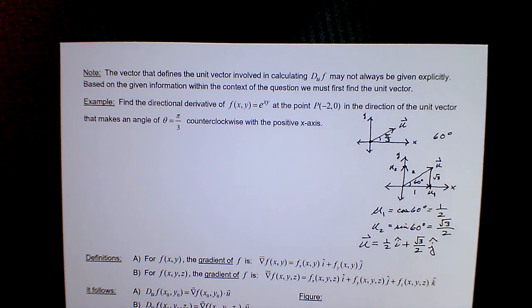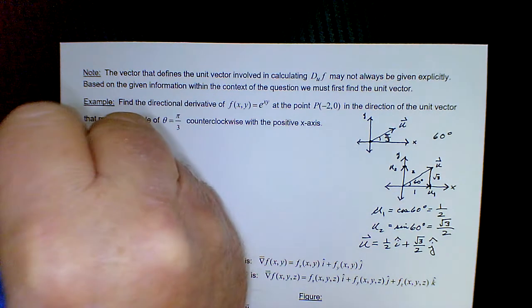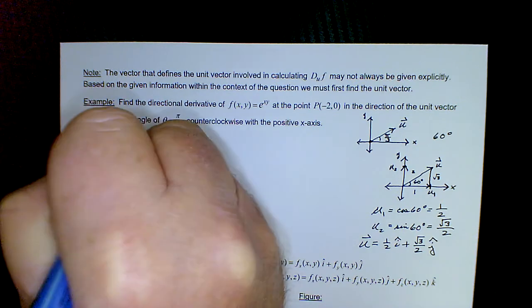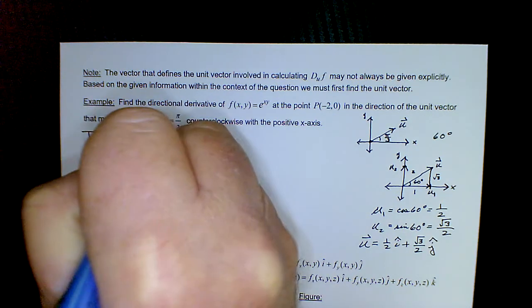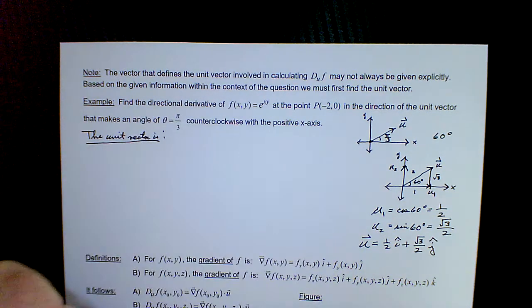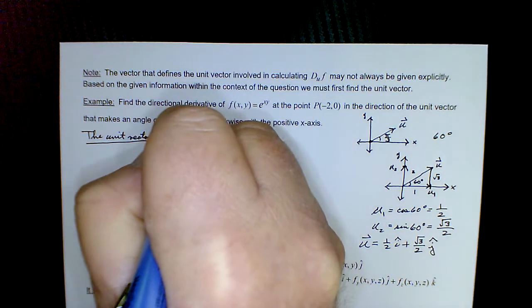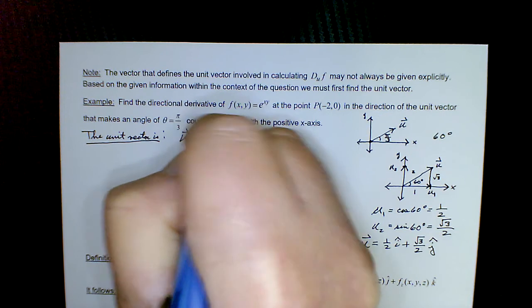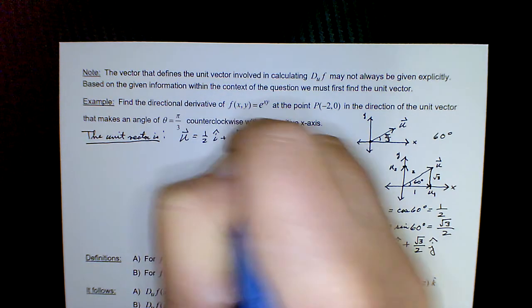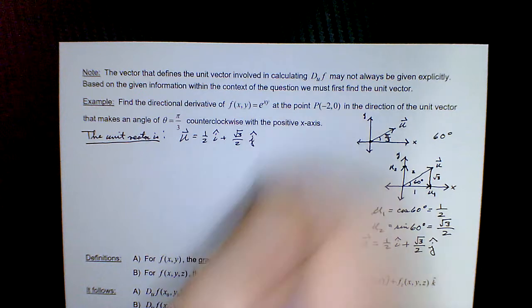So that's the unit vector we need to use, and maybe we'll go so far as to say that here. The unit vector equals 1/2 i plus radical 3 over 2 times j.